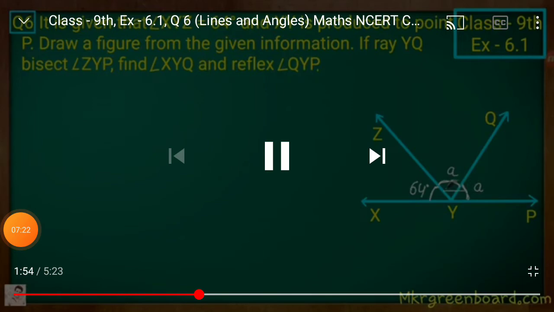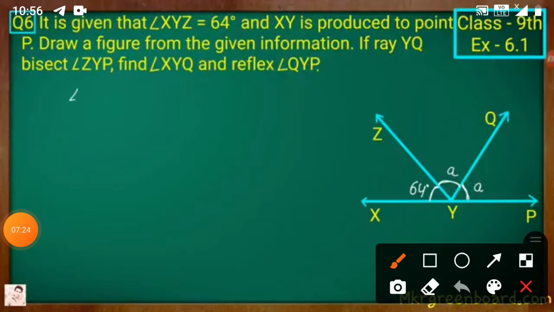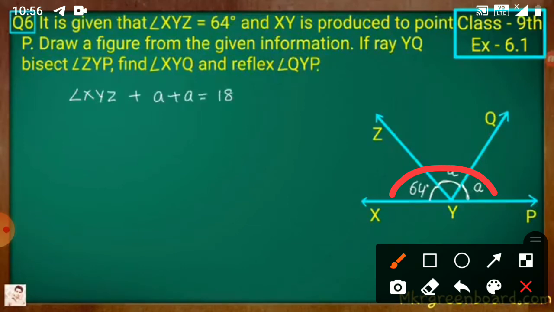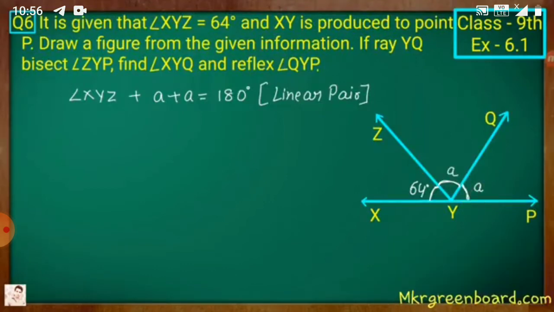See the figure here. 3 angles are there: angle XYZ plus ZYQ plus QYP. We don't know this angle, that's why we are taking it as A. Angle XYZ plus 2A equals 180. Why 180? Because this is a linear pair of angles, and the sum of a linear pair equals 180 degrees.